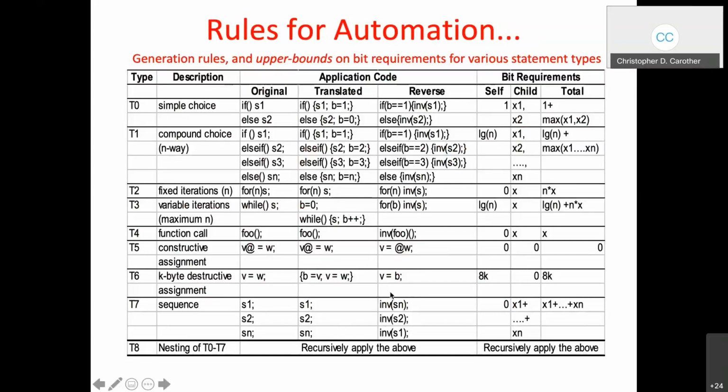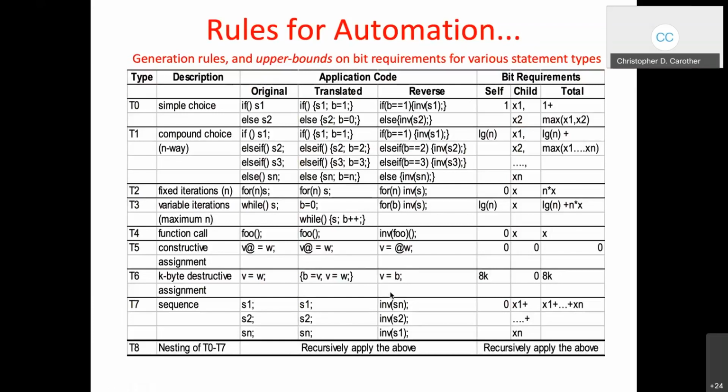And so these are just the general rules for applying that. We've actually done an example of this with a compiler to help generate the code for you, but we're still at a stage where a lot of folks do handwriting of these reverse event handlers, but we're fairly successful at it. We've gotten quite good at it, and it's not as terrible as it sounds at first pass. So again, destructive assignment, that's a problem.